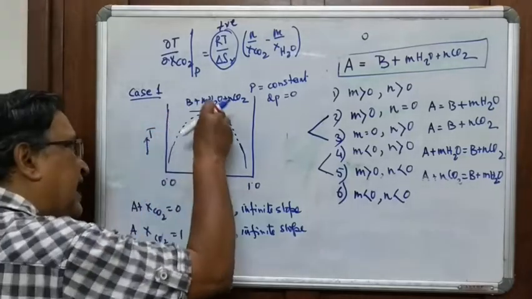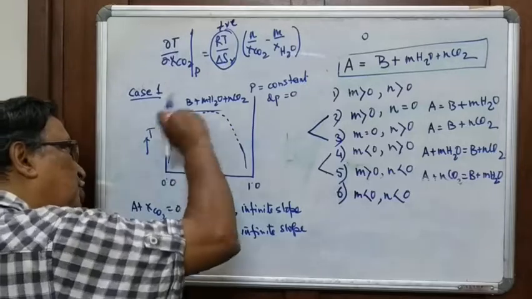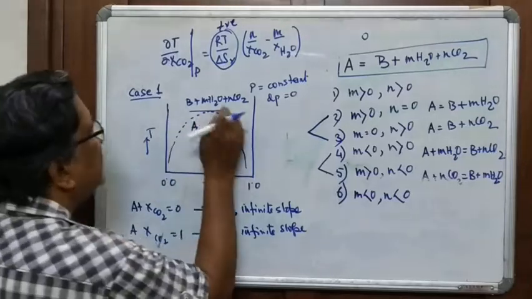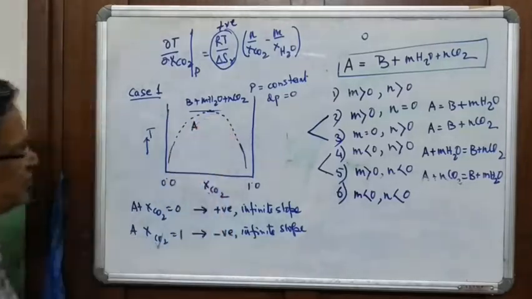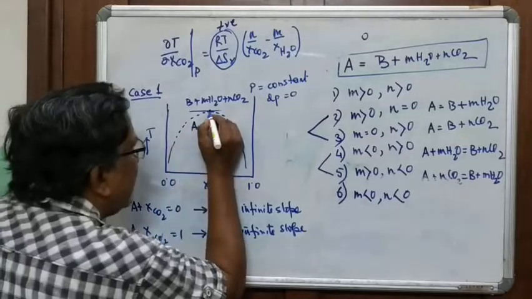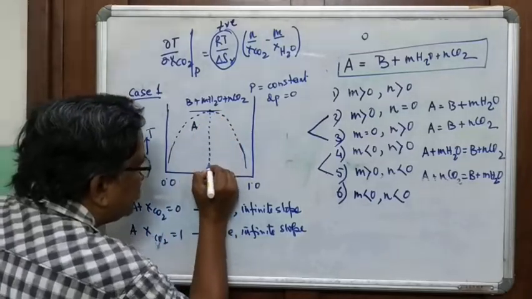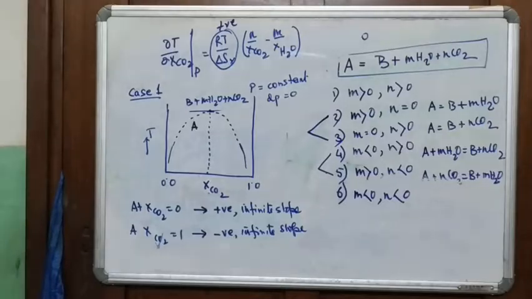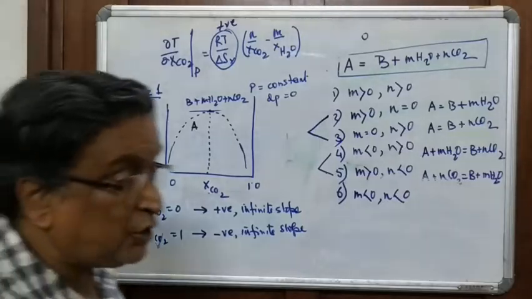If you do the reaction, then they need to join in this way so that there will be a point of inflection here, and the value for that should be a characteristic.